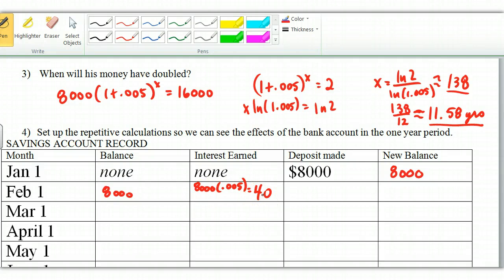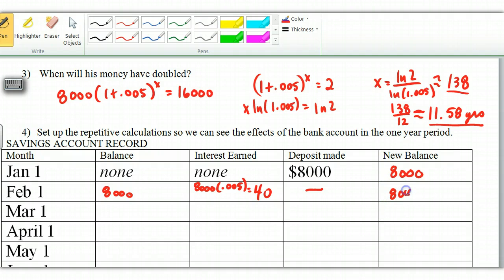That's how much the bank is going to pay me for having my $8,000 in the bank. In this case, I'm just looking for what the interest is, so I'm just multiplying by 0.005. If I just wanted my balance, I would multiply by 1.005, which would be 8,040. We're not going to make any more money because this is just a regular savings account.